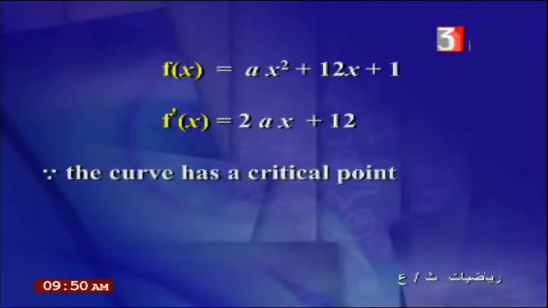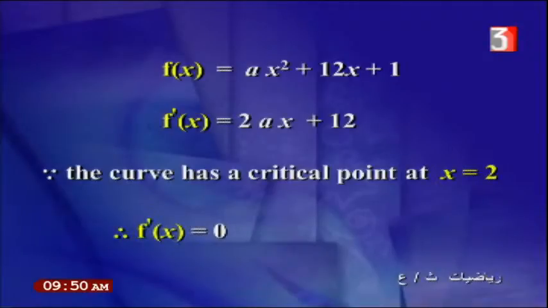Now, the curve has a critical point at x equal 2, then f dash x equals 0 when x equals 2, or f dash 2 equals 0. Then 2a multiply 2 plus 12 equals 0.